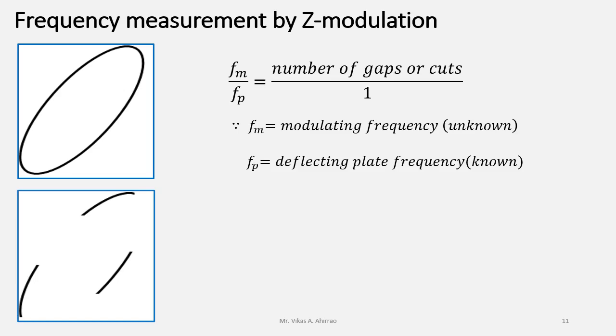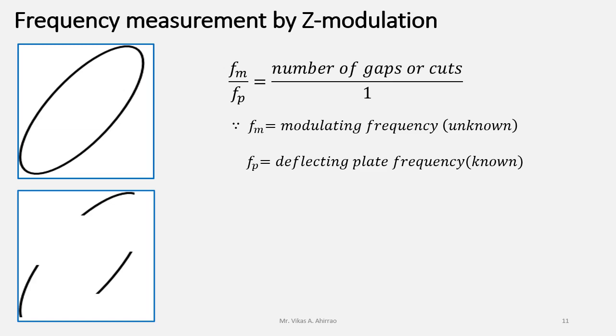So if you will observe carefully the difference, the trace is same, but in this one we are getting three portions having more intensity, and remaining three portions are having very less intensity, or they may be completely blank.